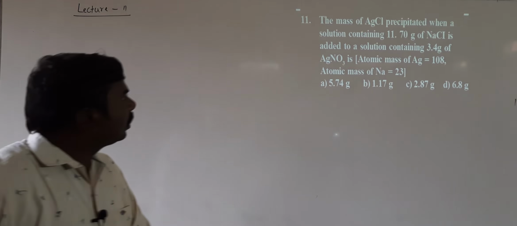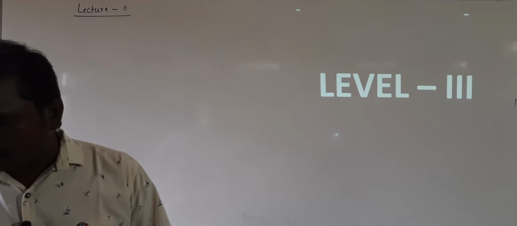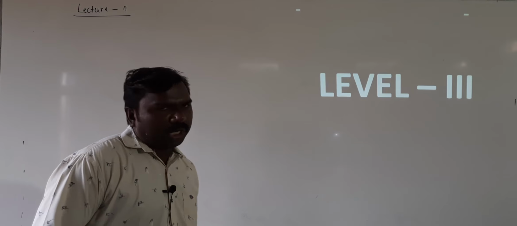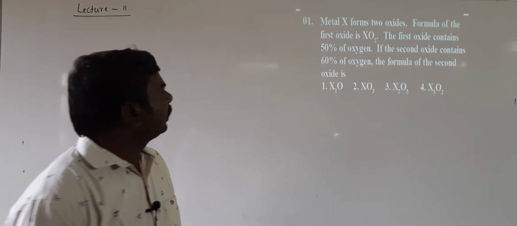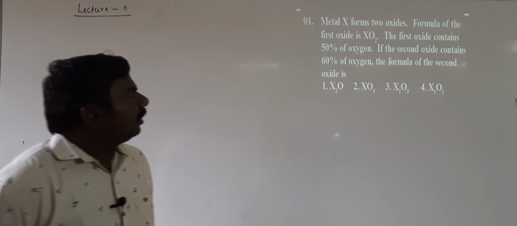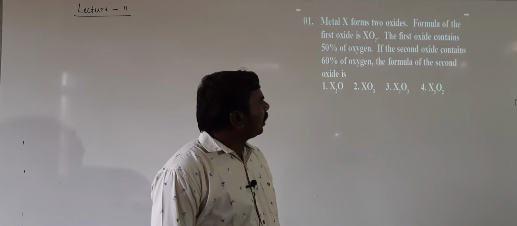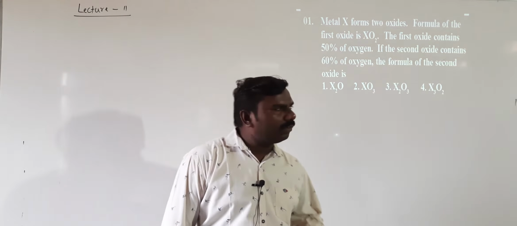Okay students, so we'll move to the next level, that is level 3. The first bit: metal X forms two oxides. The formula of the first oxide is XO2. The first oxide contains 50% of oxygen.